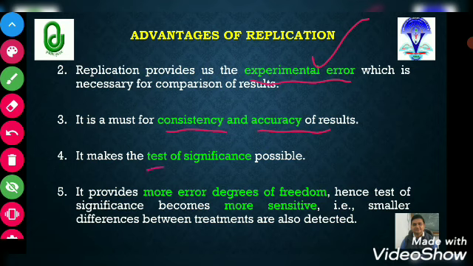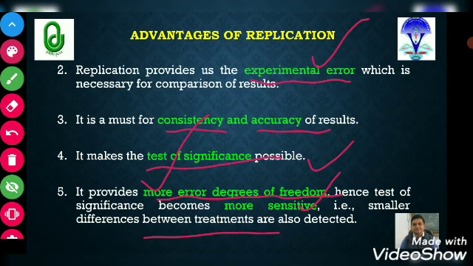Then it makes the test of significance possible. Why? Because due to replication of the treatment you are getting the experimental error. Otherwise, if there is no replication, there will be no error and we will not be in a position to test the significance. It provides more error degrees of freedom, hence the test of significance becomes more sensitive, as we have already discussed.